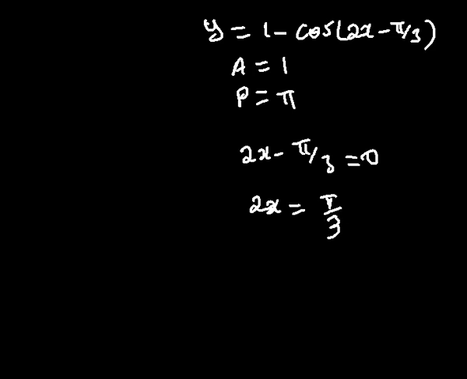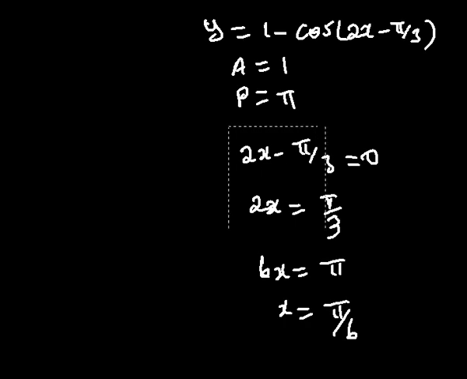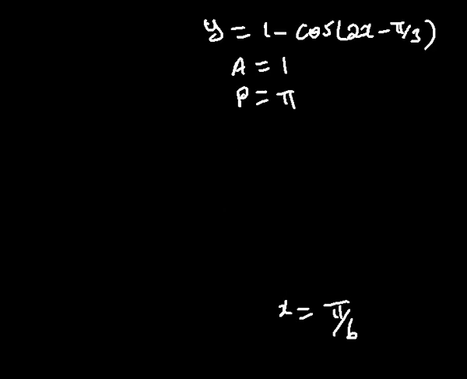It is the same. So we have 6x is equal to pi, of which x is given as pi over 6. So that is what we call the phase shift. So phase shift is given as x is equal to pi over 6.